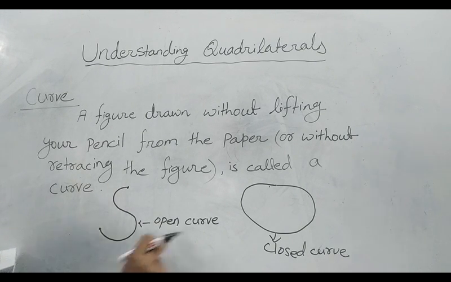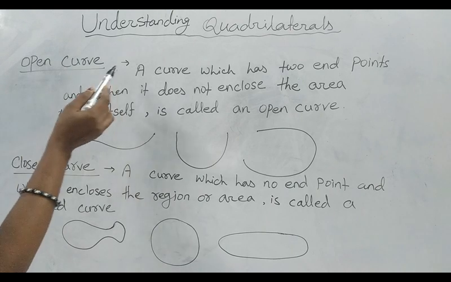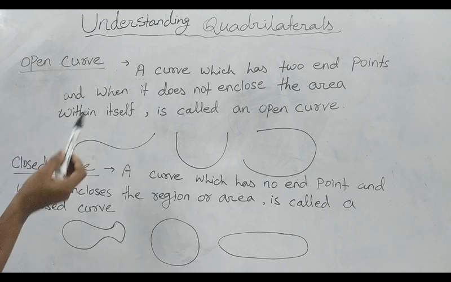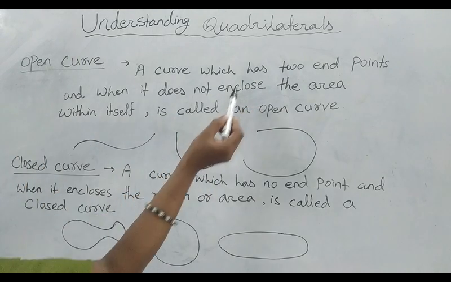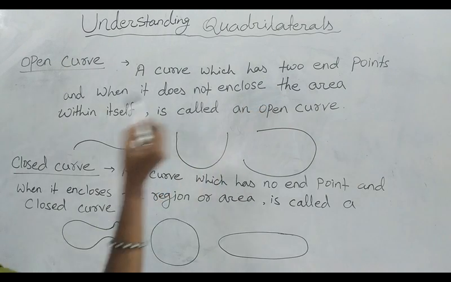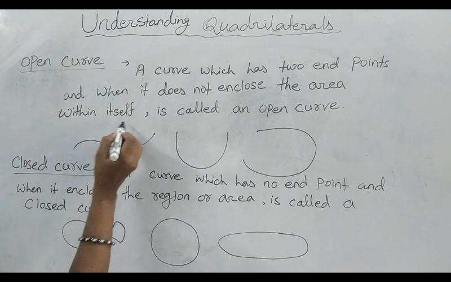Just look at the definition of both the curves. An open curve is a curve which has two end points, and it does not enclose an area within itself.